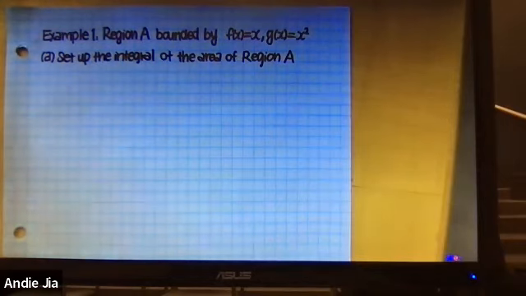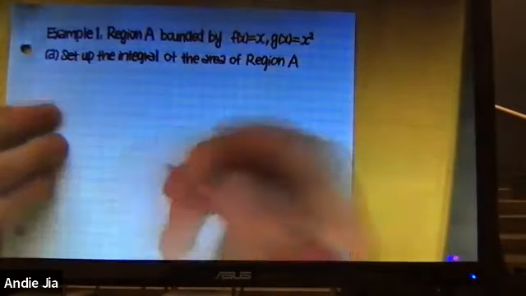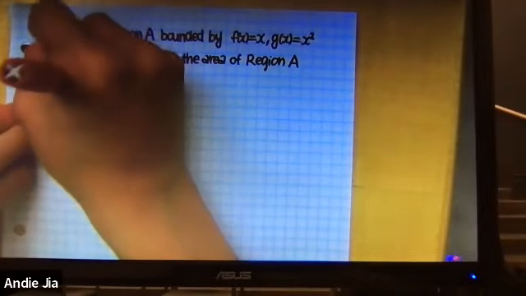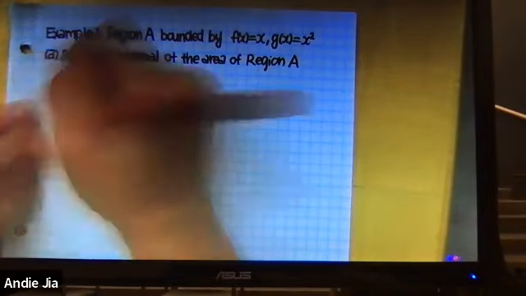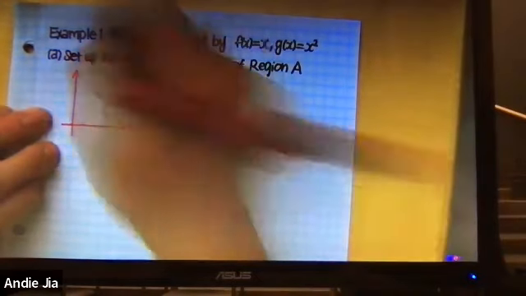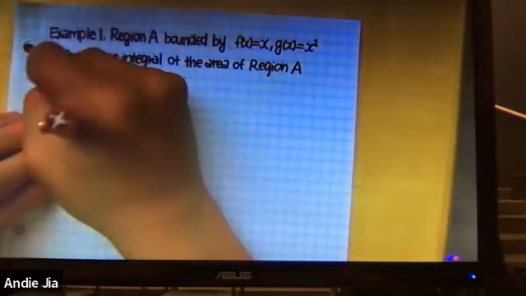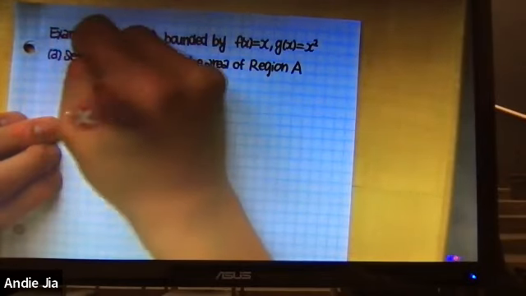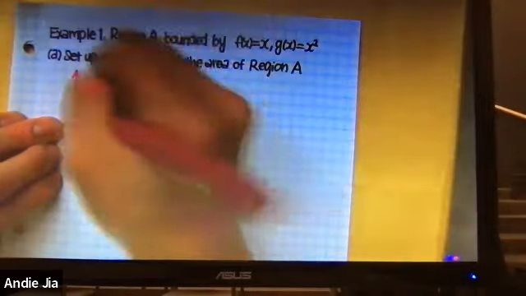I'm just going to use different colors. You can draw, if you can visualize it, what region A looks like. You can just draw this picture. It looks like this.